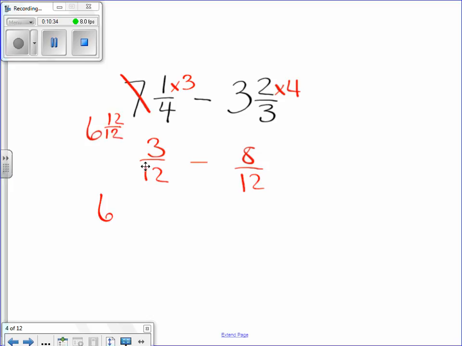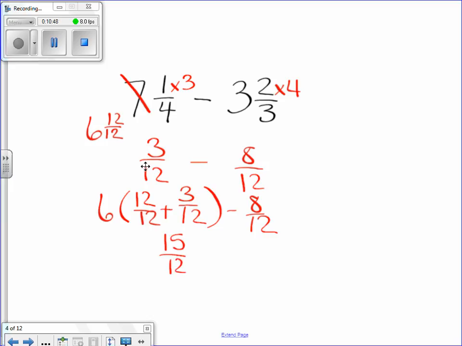So 12 twelfths plus 3 twelfths minus 8 twelfths. 12 plus 3, 15 twelfths minus 8 twelfths. 15 minus 8? 7 twelfths.